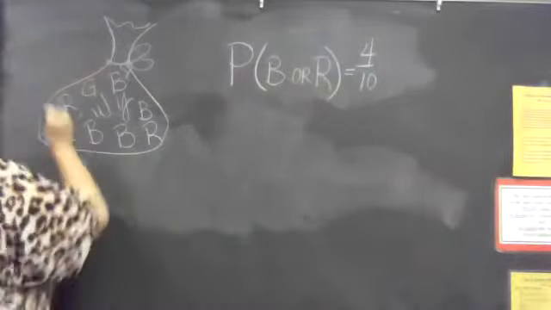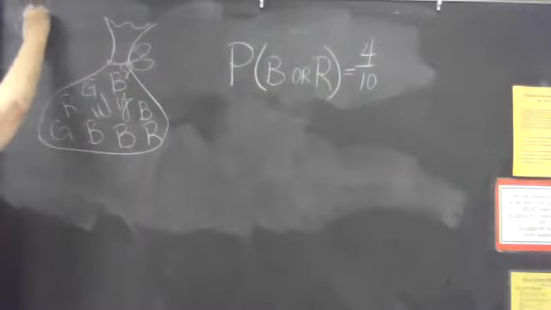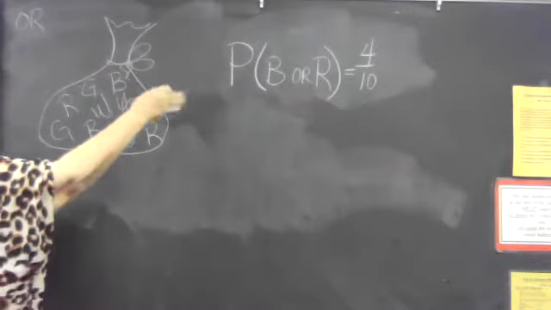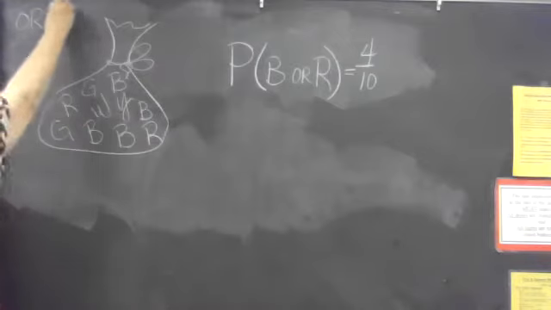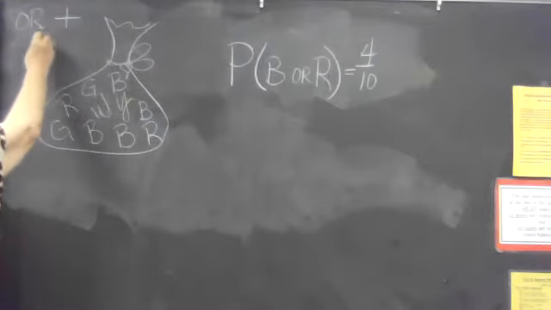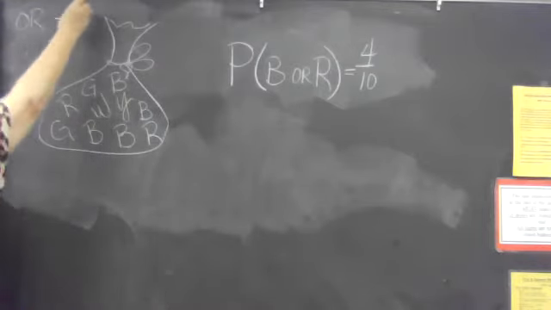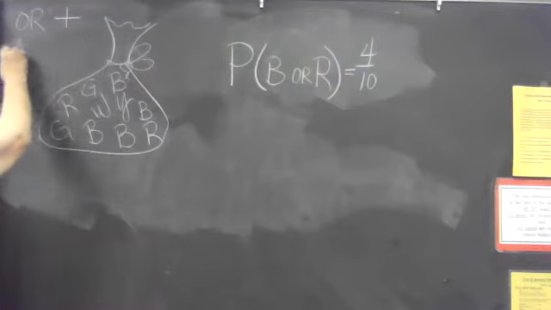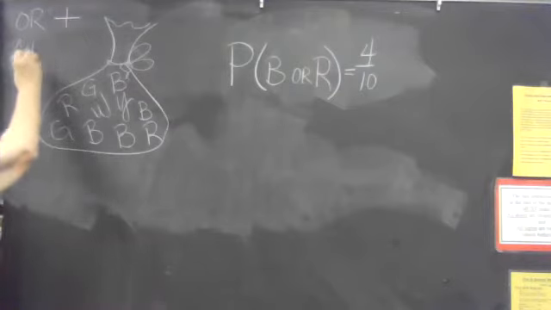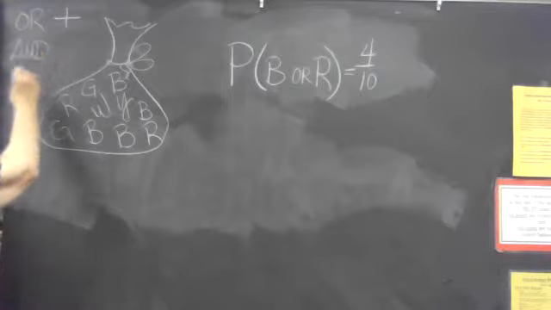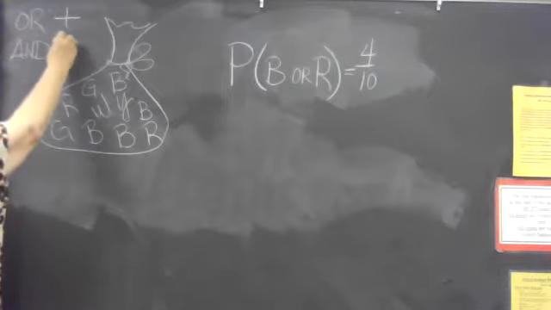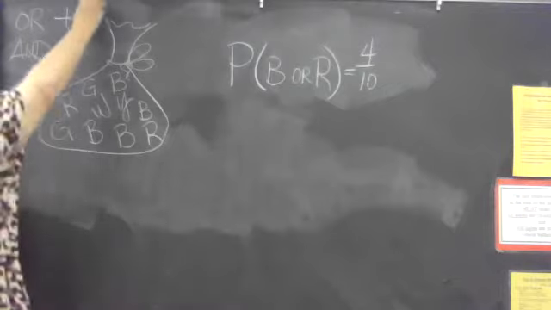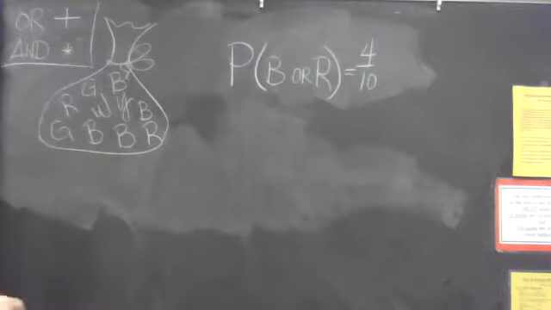In probability, you're going to have an or. It'll say the probability of that or that. You're going to add the 2 probabilities. If you see an and, or just a comma, then you are going to multiply the probabilities. Okay, keep this in mind, put it with your notes.